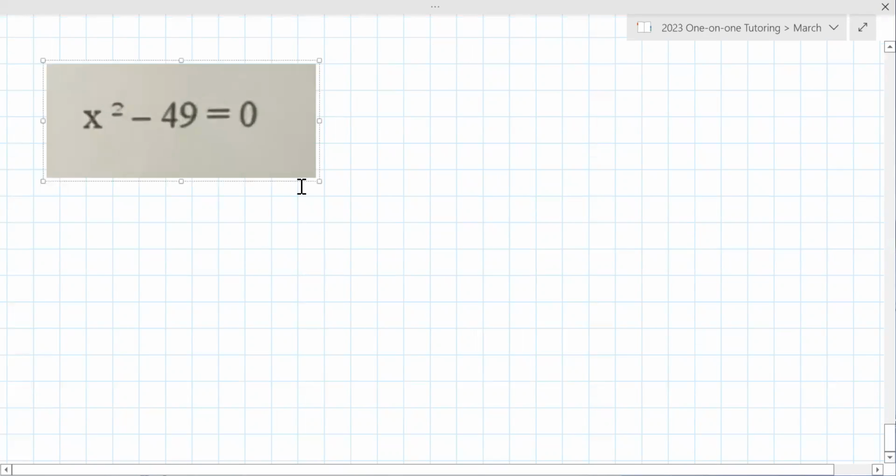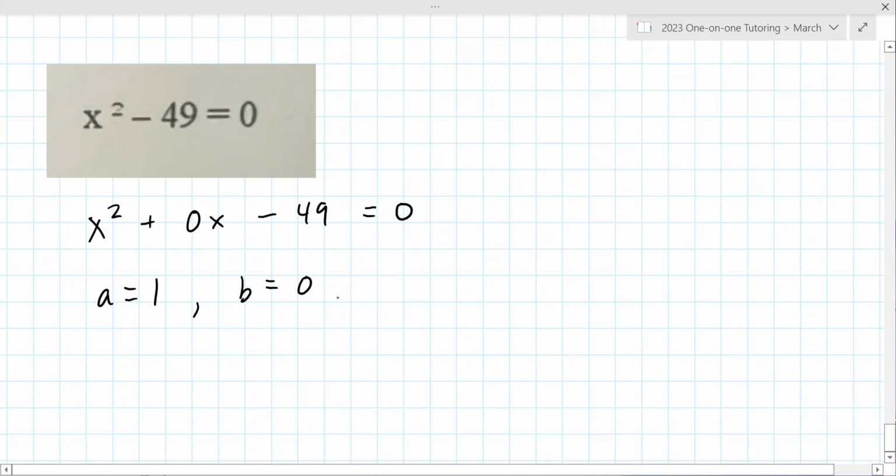You have to do it the way that they want. You might want to rewrite this as x squared plus 0x minus 49 equals 0, because you want to make sure you get those coefficients right. A is 1, B is 0, and C is minus 49.